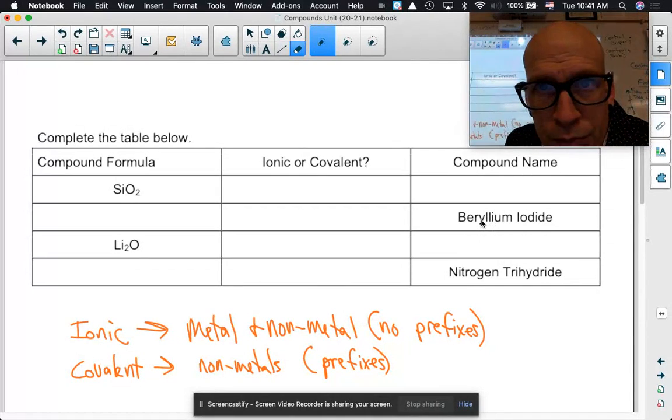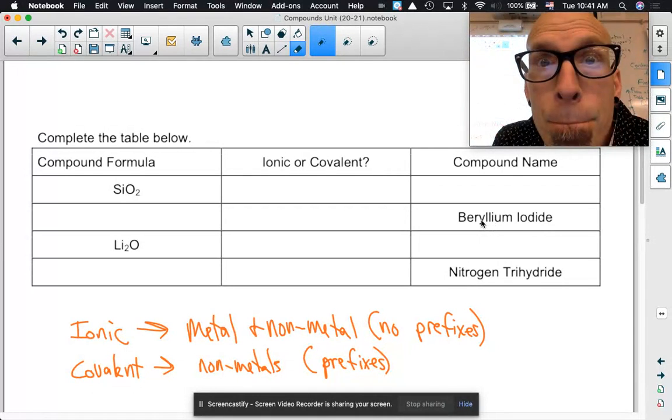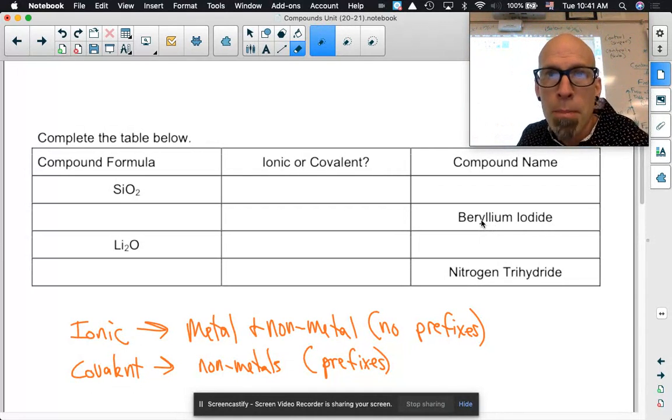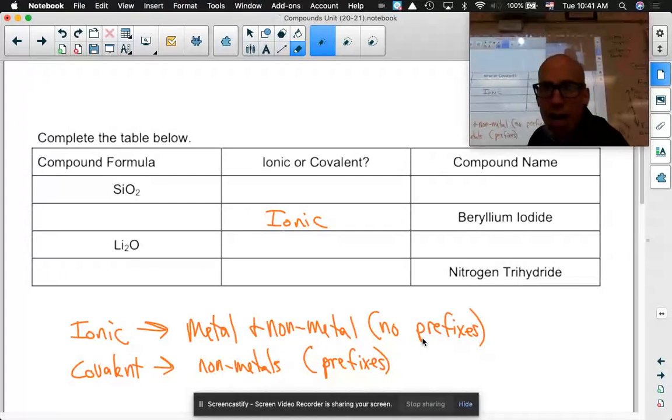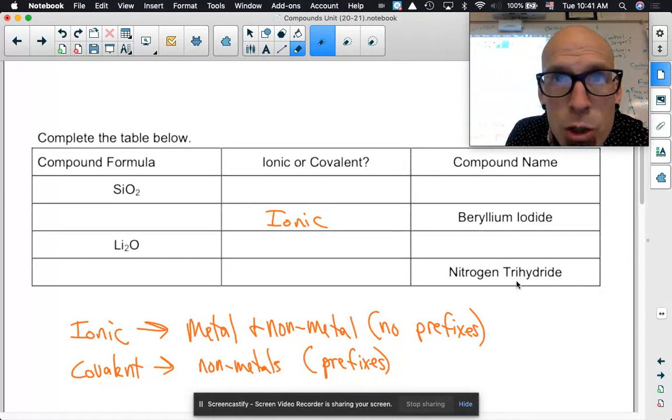Where is beryllium? It's in the alkaline earth metals, okay? So it's a metal, and there's no prefixes. Check, check, that's ionic.